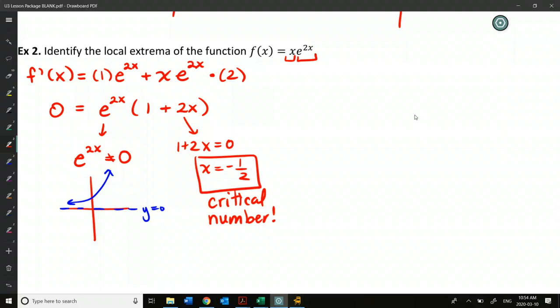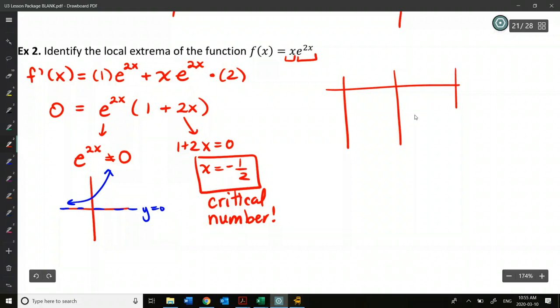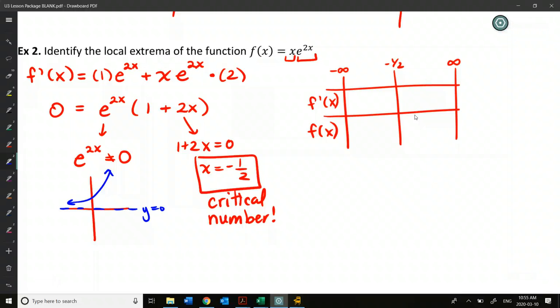Yep, so if we're going to do the first derivative test, we're going to do a little sign chart here. We're going to plug it into f prime at x and make some observations about f at x.